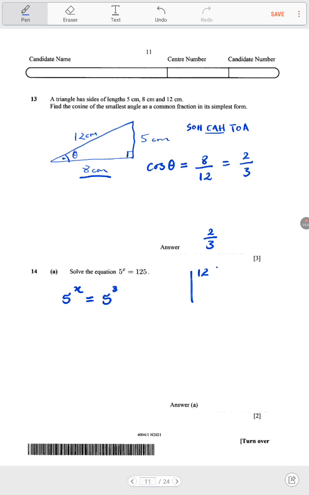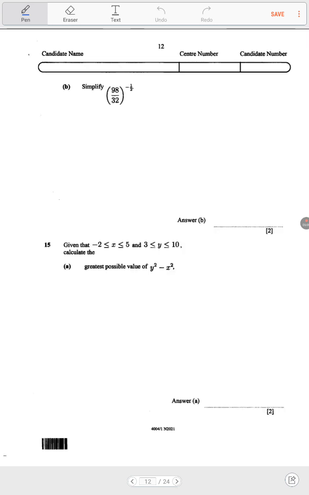If you want to find that, 5 into 125 is 25, 5 into 25 is 5, and 5 into 5 is 1, which means 125 is equal to 5 to the power 3, and x is equal to 3.